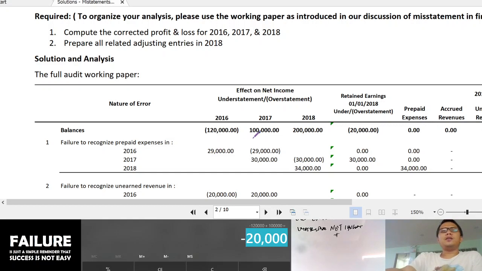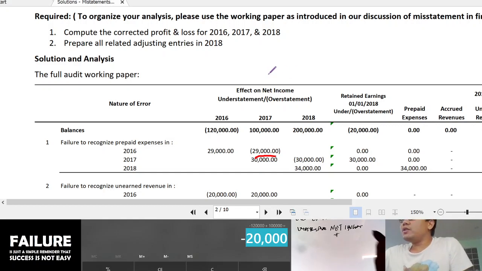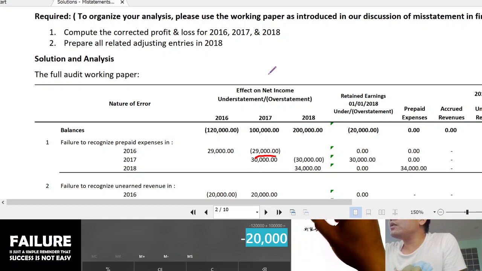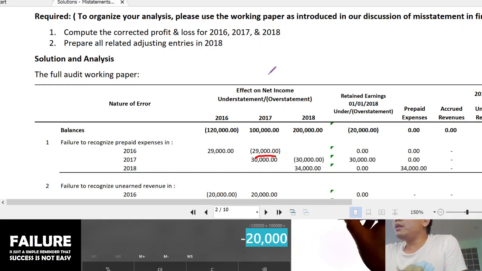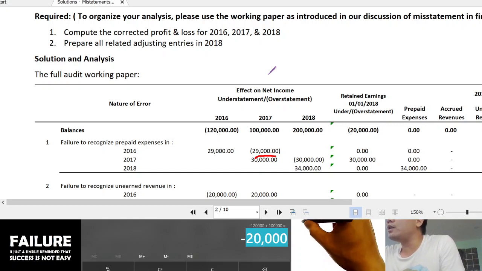Subsequently, what happens is that in 2017, this will overstate your net income. Why? Because it should be that in 2017, dapat nag-recognize ka na ng expense mo of 29,000.